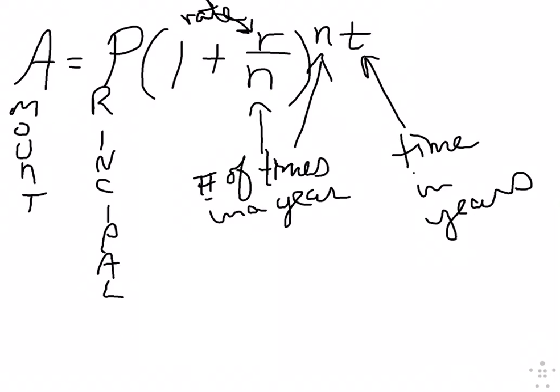Good. Okay? So here's what they're going to have you do. Let's use Madison for example again. Madison got $2,000 from her grandma for graduation and decided to put that money into a savings account for her retirement down the road. So her principal is $2,000.